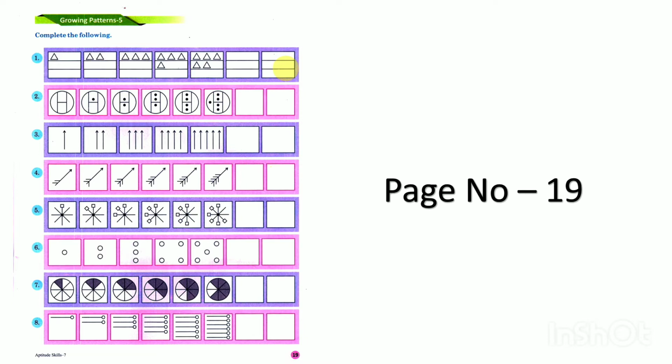Today we are going to discuss our reasoning exercise present on page number 19 of your book, that is, growing pattern exercise number 5: complete the following. Students, the remaining exercises present on pages 17 and 18, I will discuss with you in our upcoming videos.